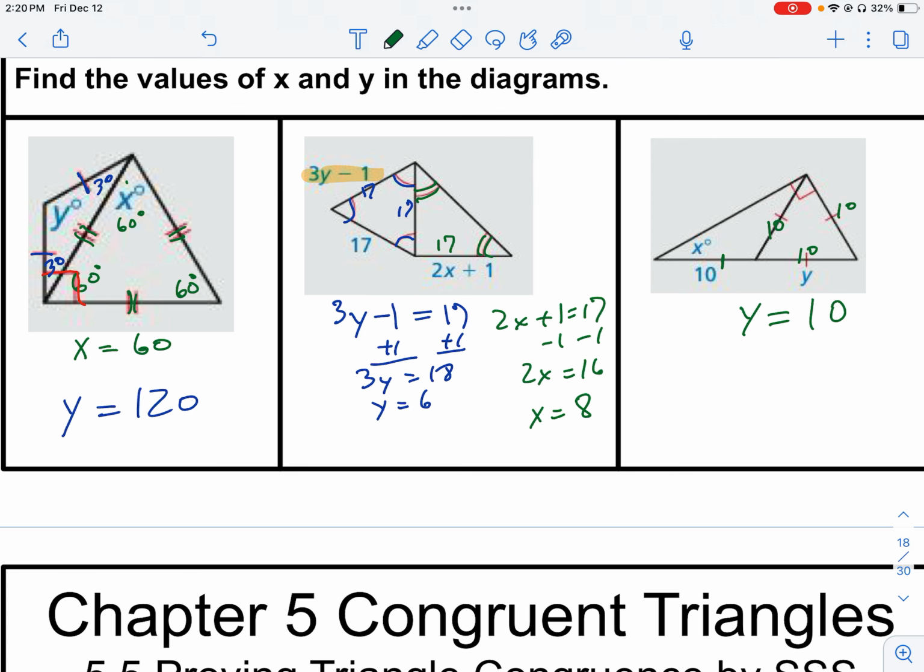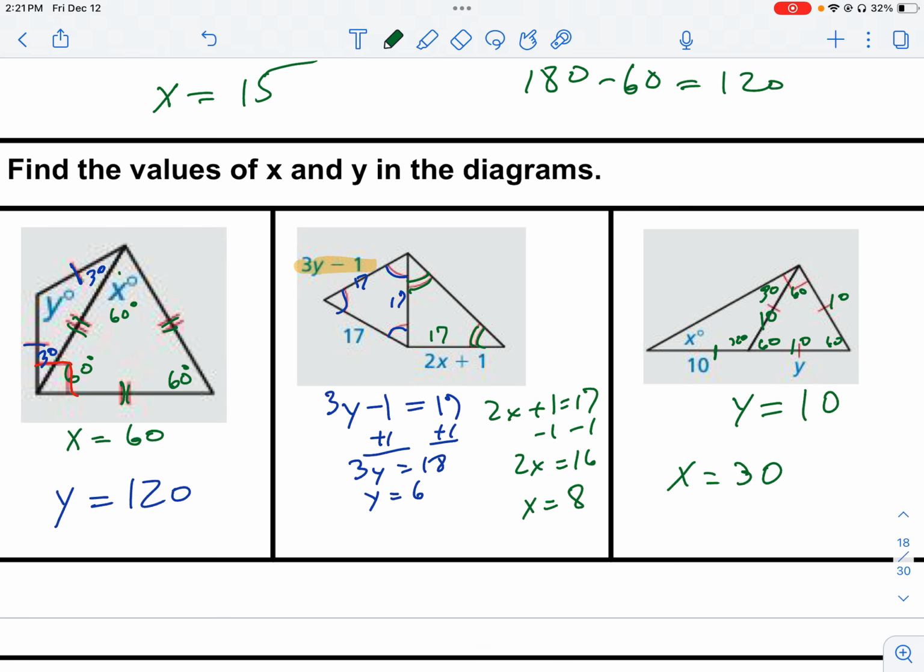Well, equilateral triangle, 60 degrees. So we get 30 here. We got 120 there. So x equals 30. And we are done.